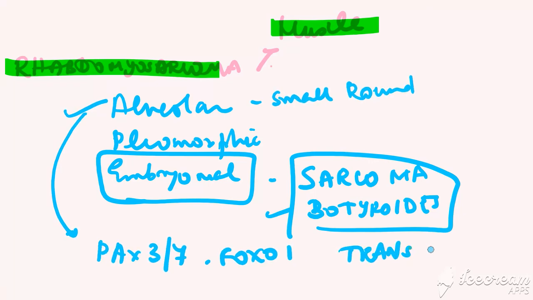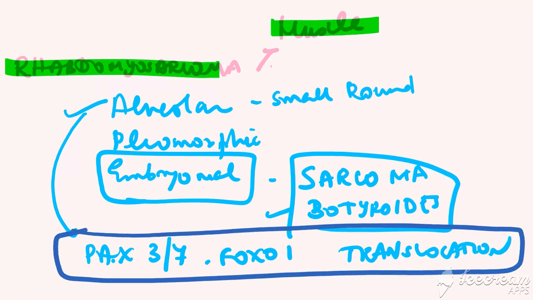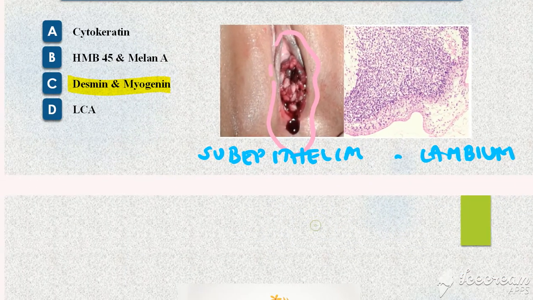This is the molecular translocation seen particularly in alveolar rhabdomyosarcoma. Why should you know this? Because recently there are targeted therapies, drugs which can target this fusion transcript. So you have to know about this translocation, and it has a bad prognosis. Alveolar type has a bad prognosis. Okay, thank you.